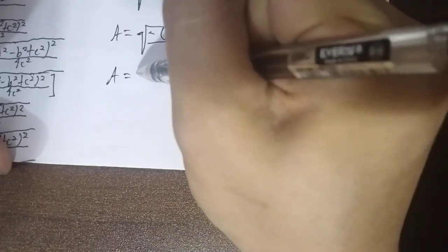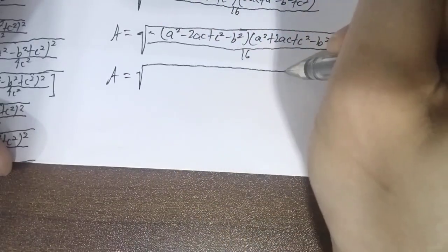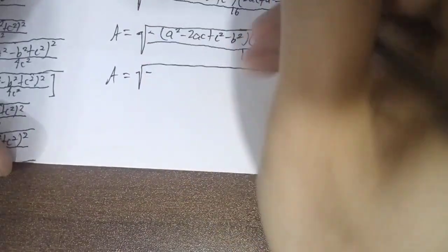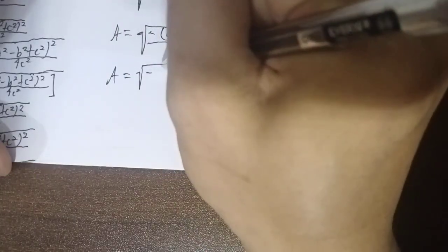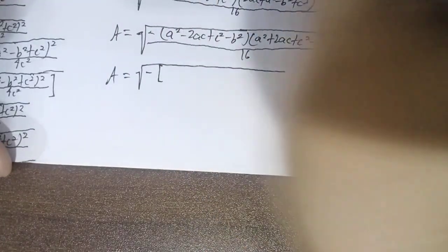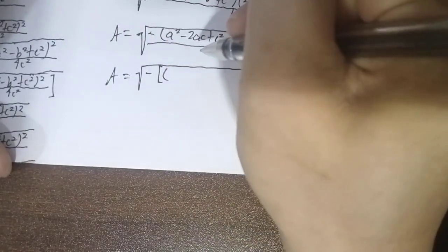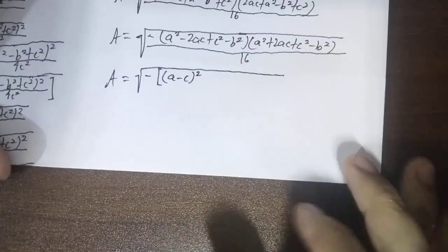So let's do that. This will become A equal to the square root of negative quantity, then another quantity of a minus c all squared. Is that correct?